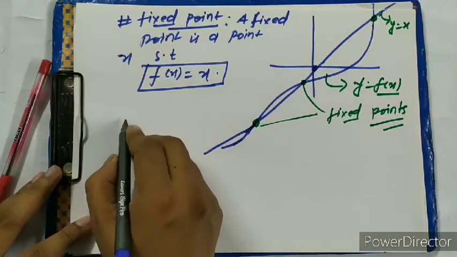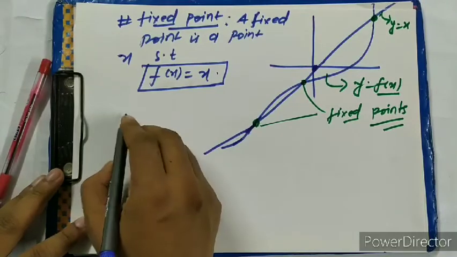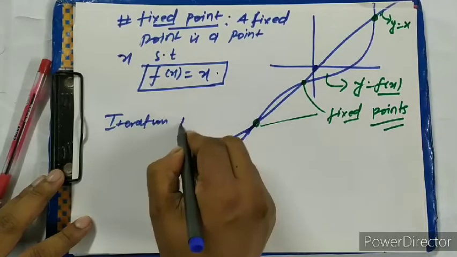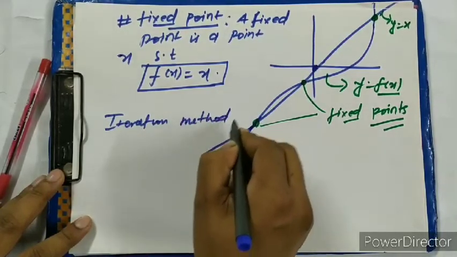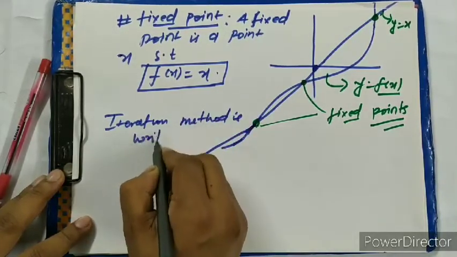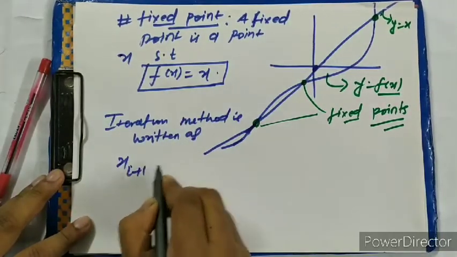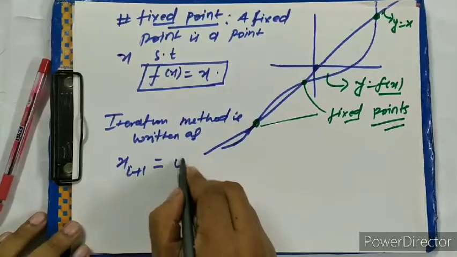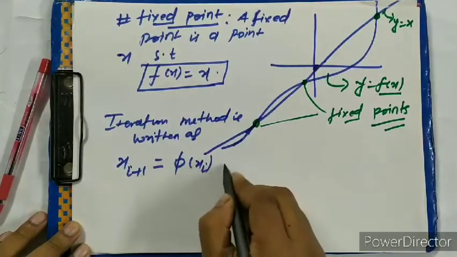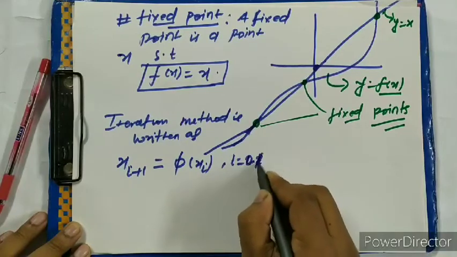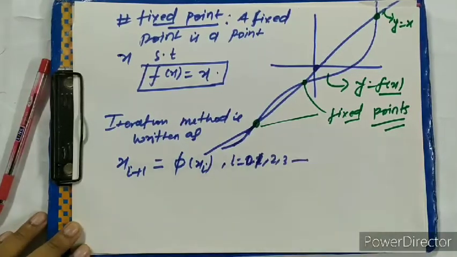The iteration method is written as x_{i+1} = φ(x_i), the (i+1)th iteration, where i = 0, 1, 2, 3, and so on.